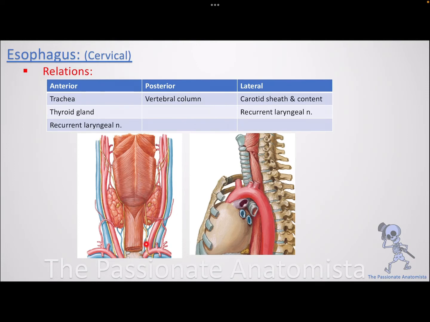Also, you have the recurrent laryngeal nerve as a lateral relation to the esophagus. So the cervical part of the esophagus is related anteriorly to the thyroid, the trachea, and the recurrent laryngeal nerve. Laterally, the recurrent laryngeal nerve again, and the carotid sheath and its content, which is the common carotid, internal jugular vein, and vagus. Posteriorly, it's related to the vertebral column. This is the cervical region.